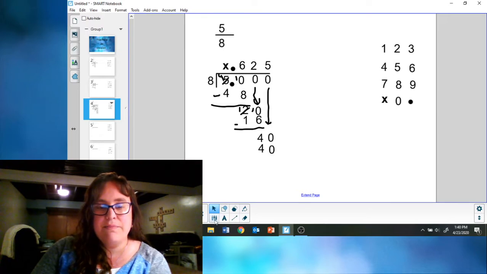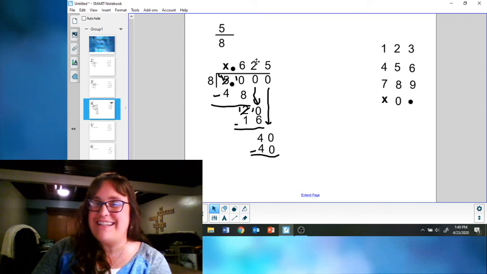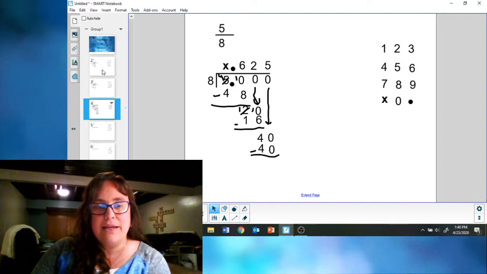Numbers are the same. 0 is the game. Right? So 5/8 is equal to 0.625 or 625 hundredths. I'm sorry, I said it wrong. Thousandths. 625 thousandths.